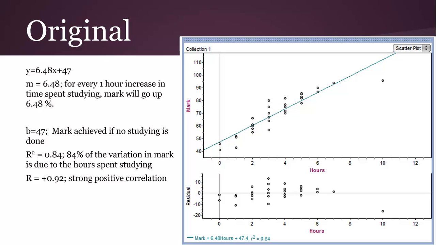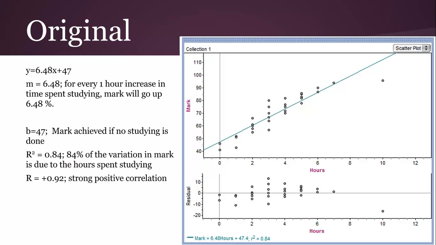Originally we look at hours spent studying versus marks, and just to do the analysis, the slope is 6.48. That means for every hour increase in time spent studying, your mark will go up by 6.48%. B is the y-intercept, so it's the mark achieved if no studying is done, 47.